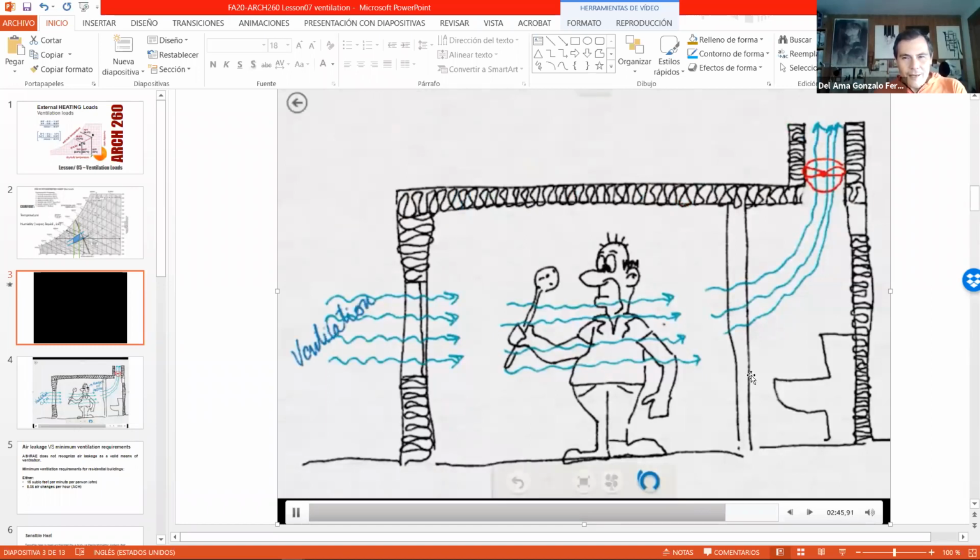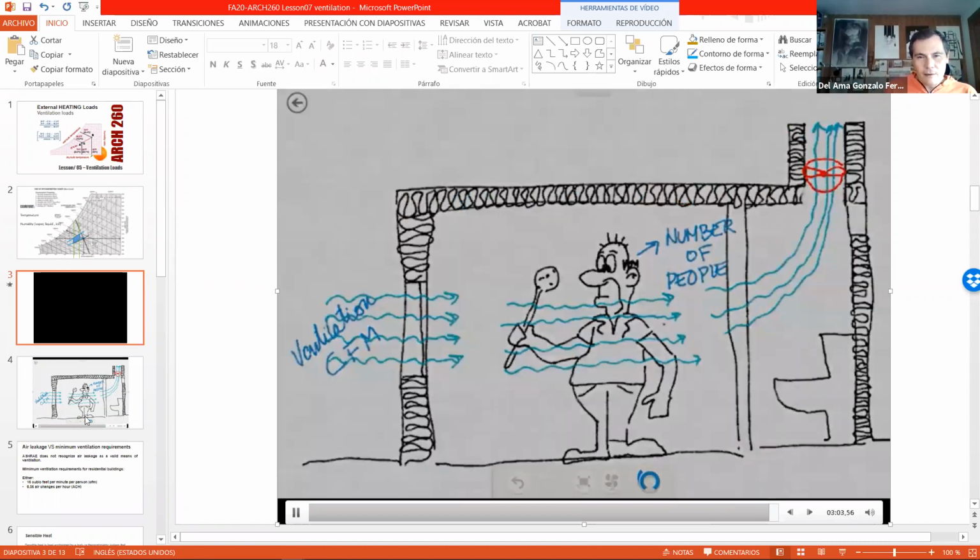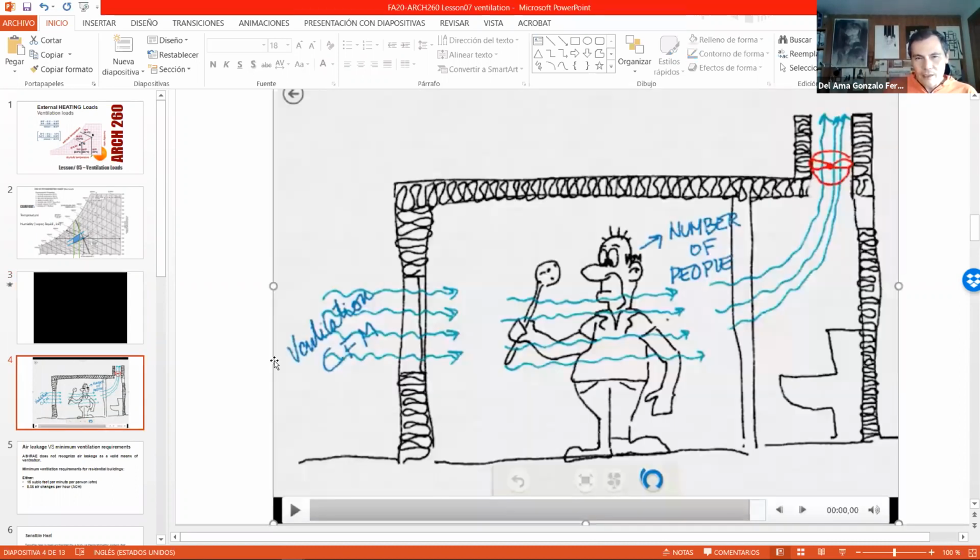And on that ventilation, we have the concept of CFM. Okay, what does CFM stand for? It's cubic feet per minute, and it depends on the number of people. I'm going to explain that now, but we have to understand that we need ventilation.